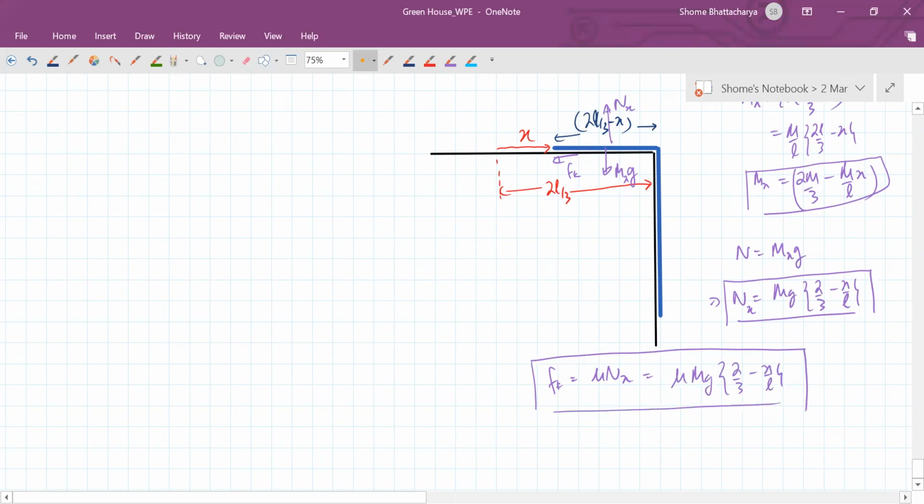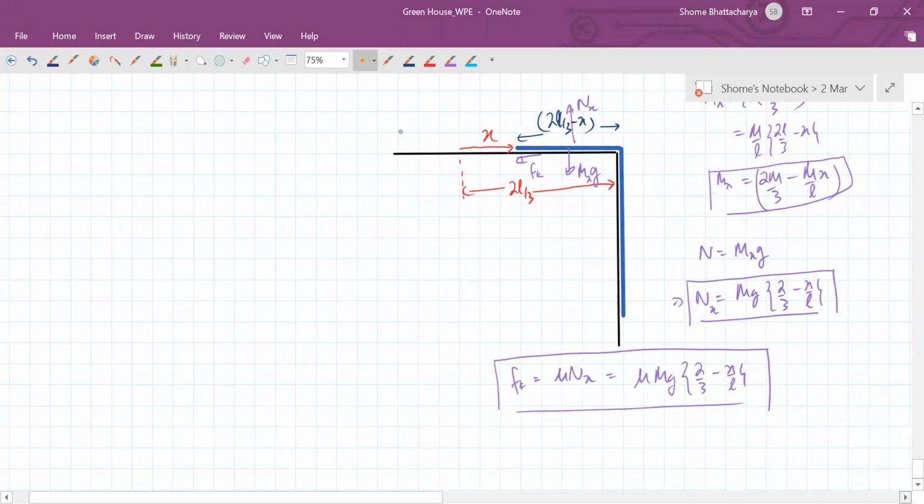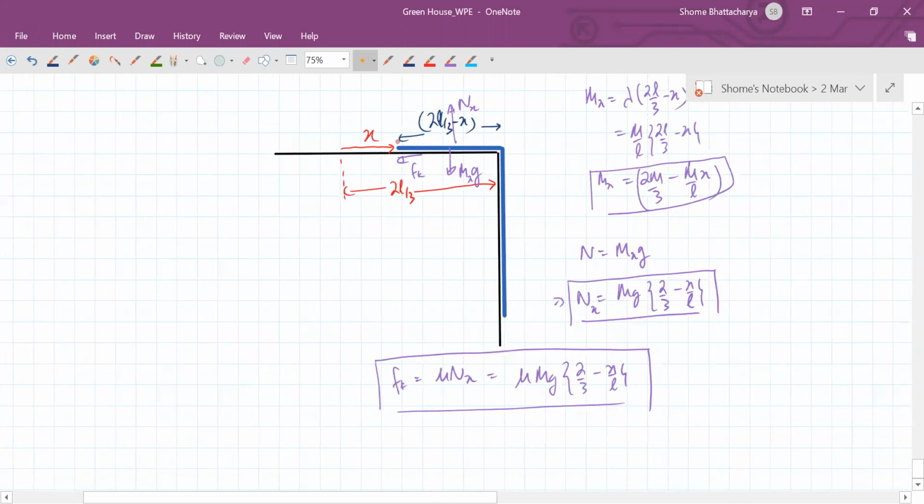Now during a small displacement, if this makes a further small displacement dx like this, the work done by friction during that small displacement will be minus of friction into dx. So this is the work done by friction.